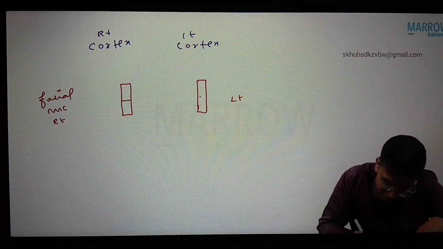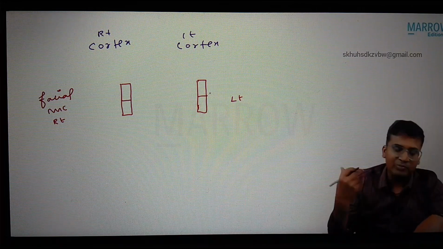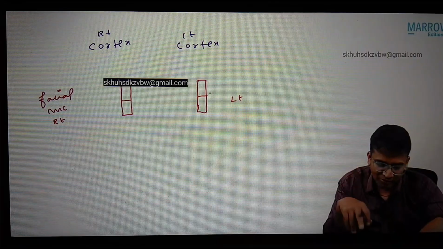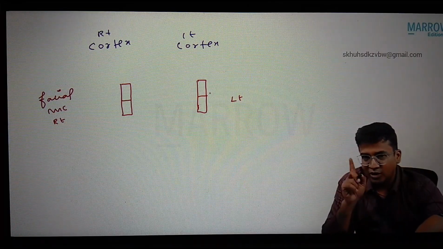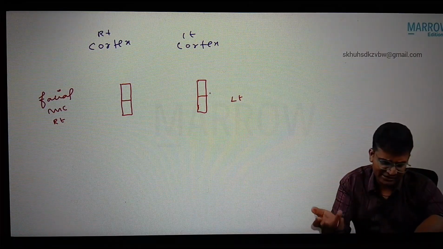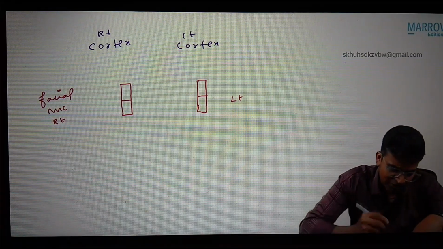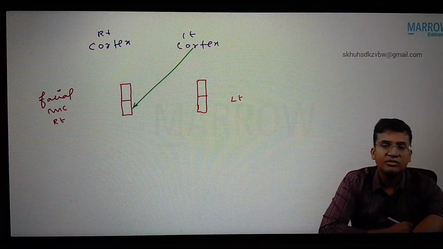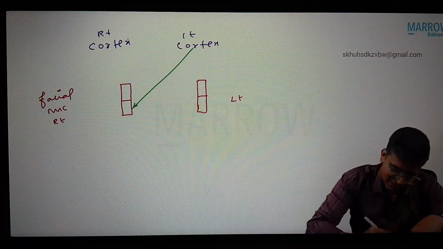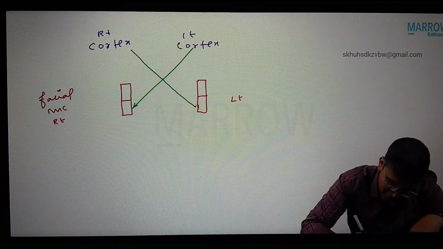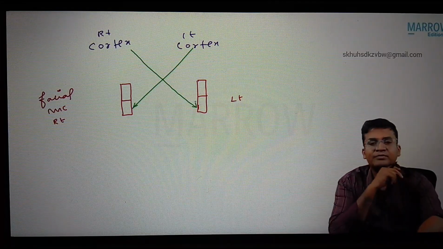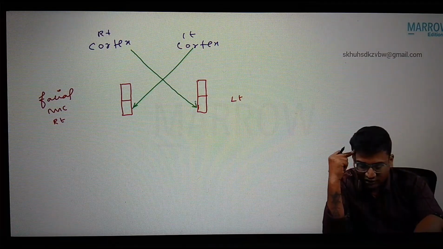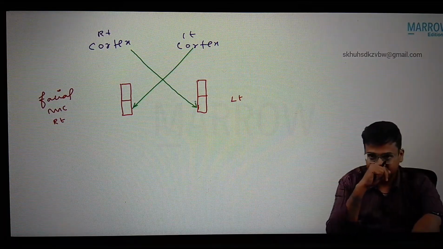And we are dividing the facial nucleus into the upper part and the lower part. I told you the lower part of the facial nucleus is controlled only by the opposite cortex. So the right nucleus lower part is controlled only by the left cortex. The right cortex controls the left nucleus lower part, and the left cortex controls the right nucleus lower part.